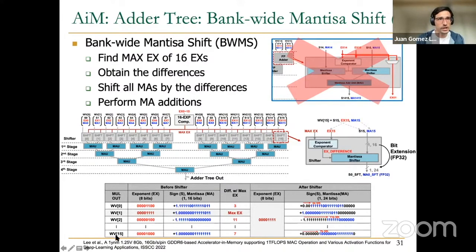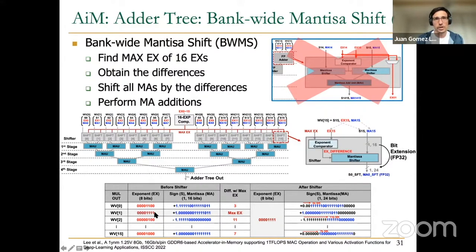We have 16 output values from the multipliers. These are some example exponent values. What this small unit here does is compare the 16 8-bit exponent values and find the maximum one.